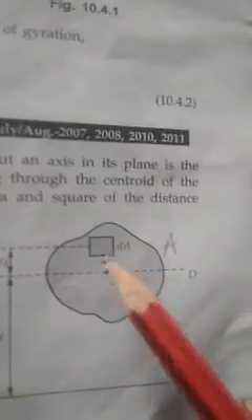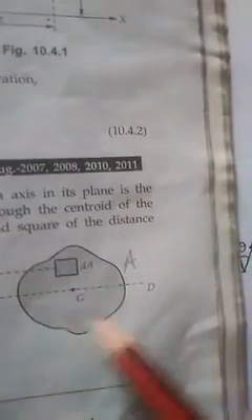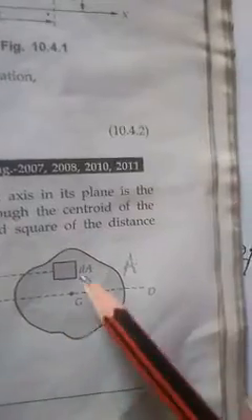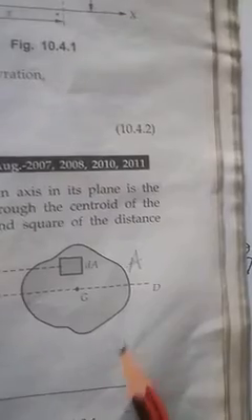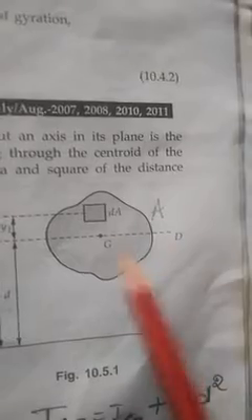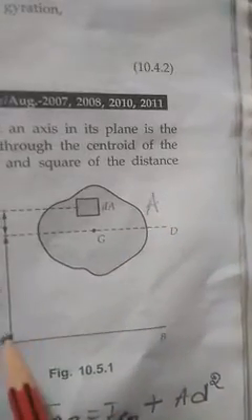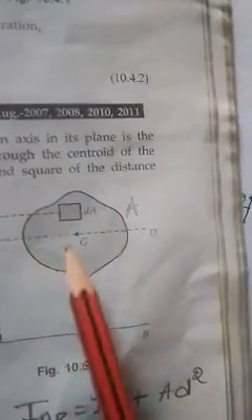What this parallel axis theorem says is that the moment of inertia of an area about an axis in its plane is the sum of the moment of inertia about the parallel axis passing through the centroid of the area, and the product of the area and the square of the distance.